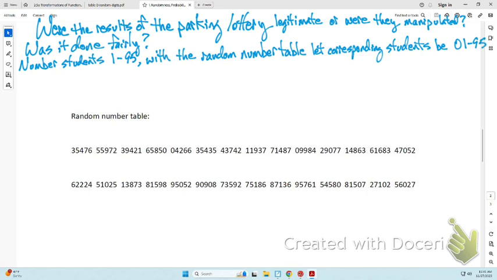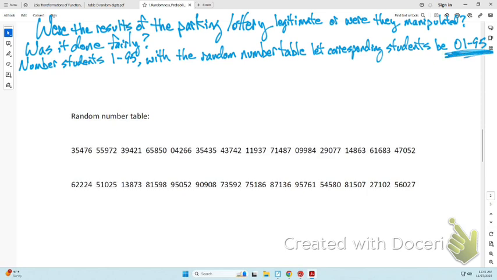The reason is because if I only go one number at a time, no two-digit student number, for example, student number 15, could be selected. If I'm going left to right, reading this thing, first student would be 3, second student would be 5, next student would be 4. I am never going to get a two-digit number. So you have to force yourself to get two-digit numbers by saying this right here.